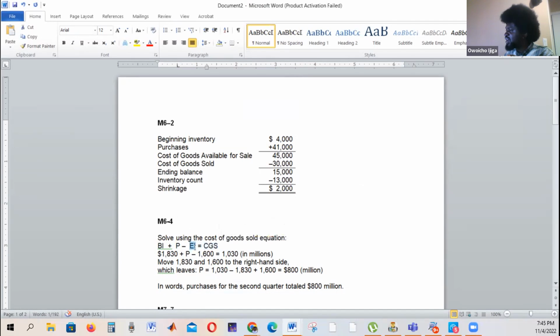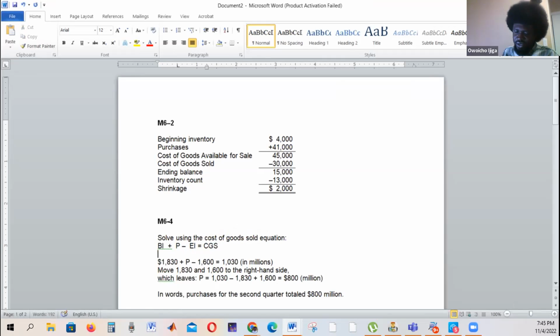But if it equals the ending inventory, and then you have cost of goods sold on this side, it becomes something like this: beginning inventory plus purchases minus cost of goods sold equals ending inventory.